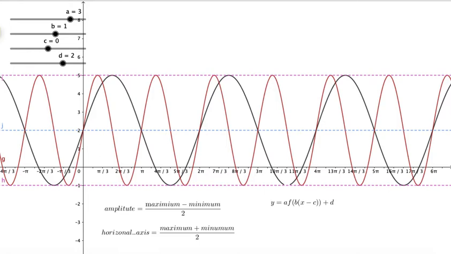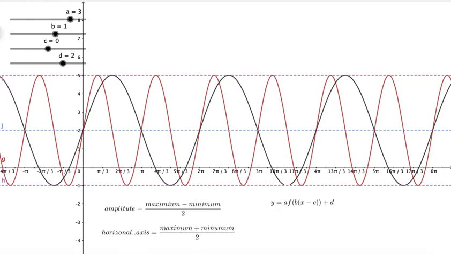Now, I'm half done taking care of all of my vertical transformations. The next 2 transformations, one of them is going to be quite difficult. But it's not the next one.